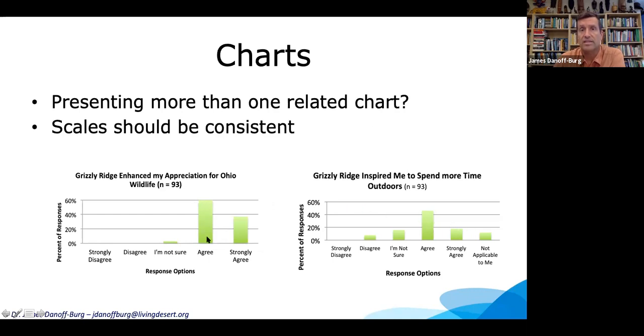It'll shrink them down. So if you're trying to compare 2 different items that are very similarly worded, have a similar kind of setup, like here with these 2 Likert scales, make certain that you have the scales consistent from one chart to the next chart. Okay? Just a couple quick best practices on summarizing your descriptive data visually.